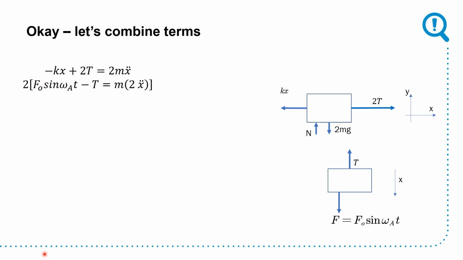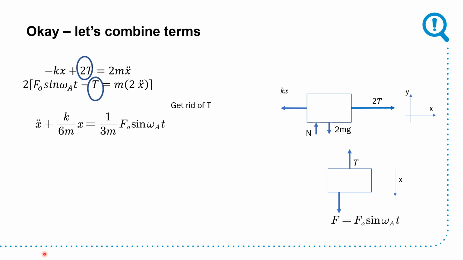I'm going to jump a little bit in the expression by multiplying it by a 2 right away. And that will allow me to get rid of those T's. That ends up with a governing equation, which is going to be m x double dot plus k over 6m x equals 1 over 3m F0 sine omega_a t.